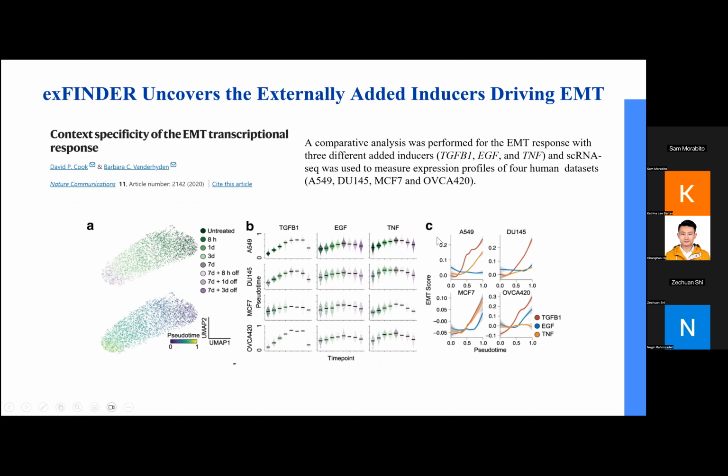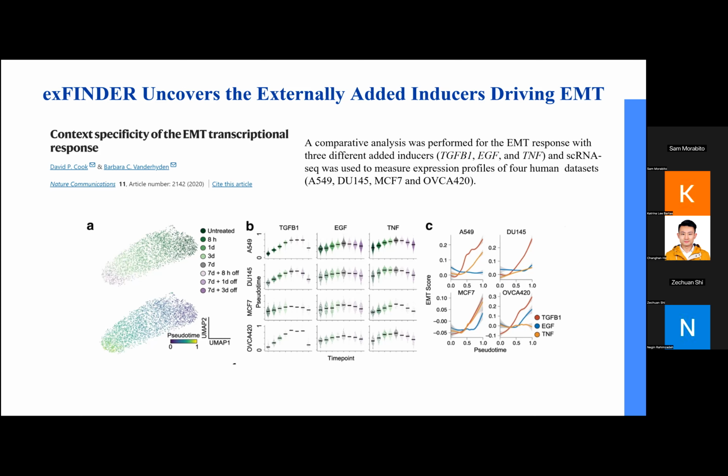In the paper that I mentioned before, a comparative analysis was performed for the EMT response with 3 different added inducers, and single cell data was used to measure the expression profile of 4 human data sets.